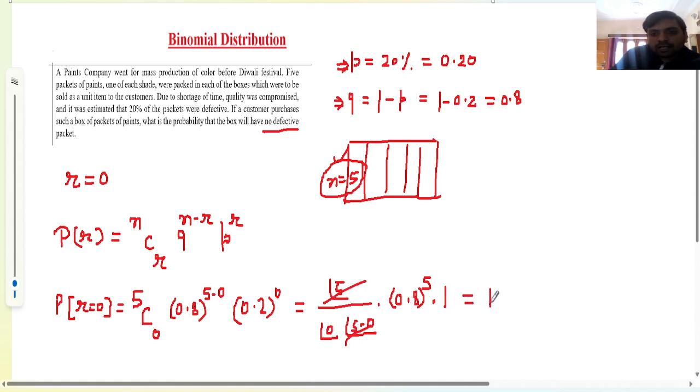So your answer is 1 into 0.8 raised to the power 5 multiplied by 1. So 0.8 raised to the power 5 is 0.32768. So this is the probability of getting no defective packet in this box.